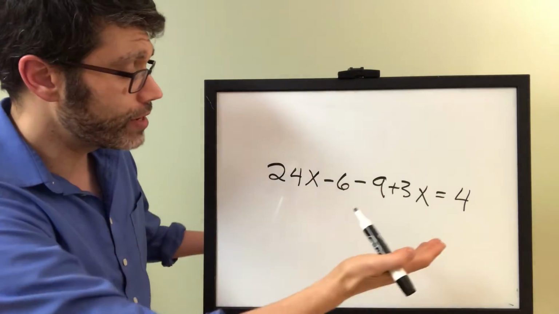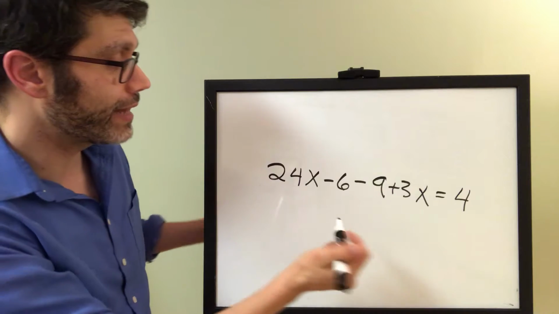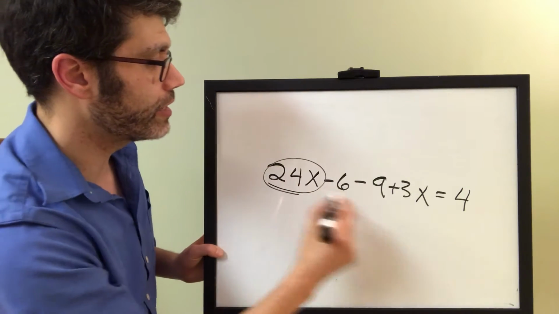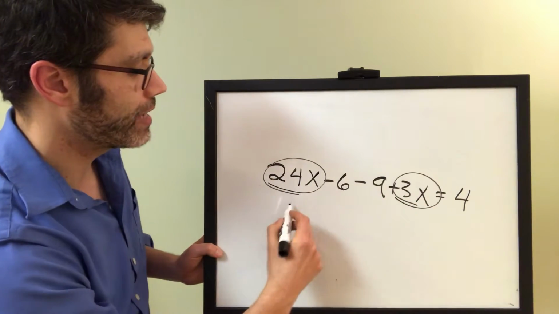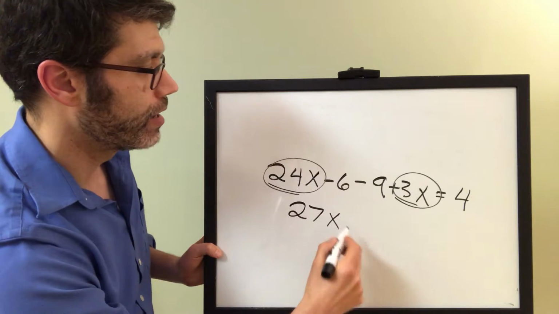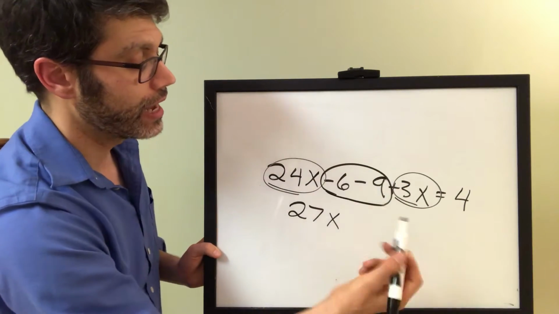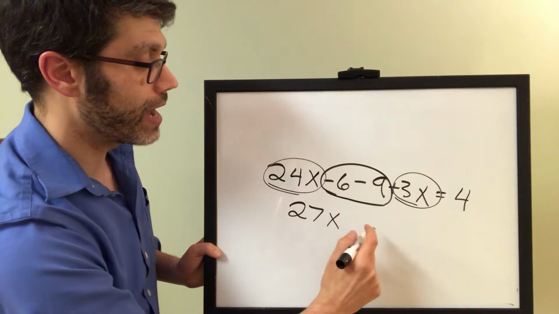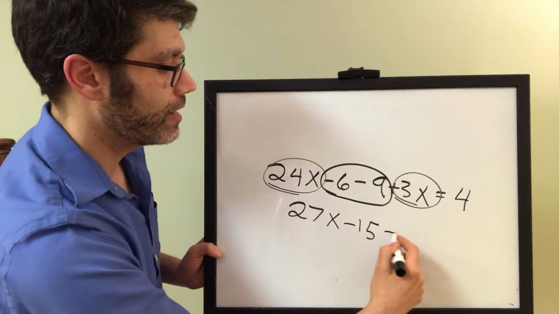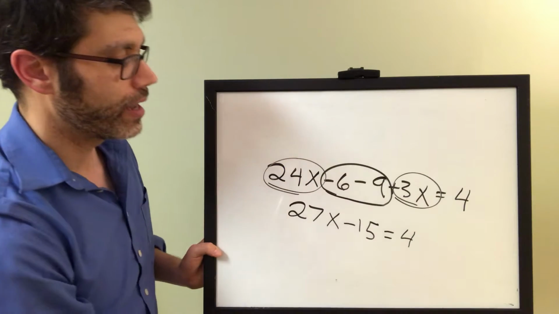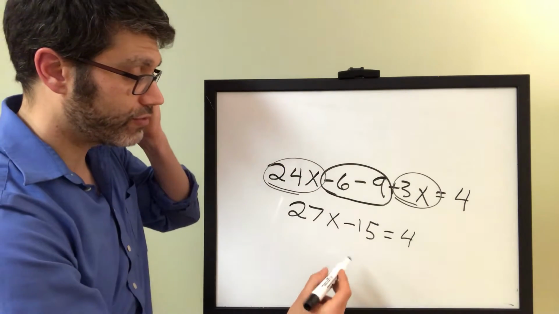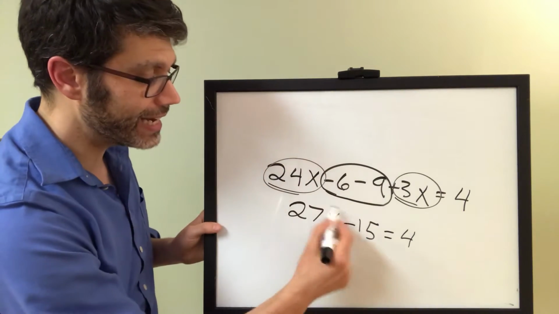So now all we need to do is what we've known before, combine like terms. We have 24x here, we have 3x here, we combine them, that's 27x. Then these are like terms, negative 6 and negative 9. Negative 6 and negative 9 combine to be negative 15, and then that equals 4. Now we're going to have to isolate x here.